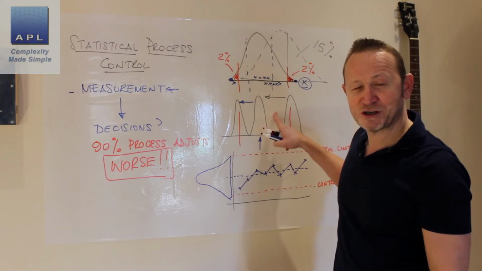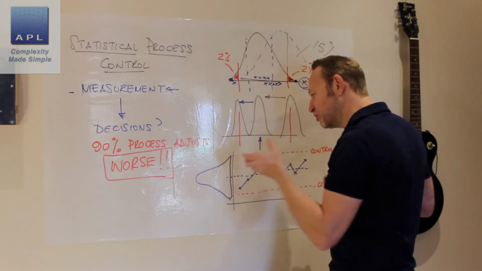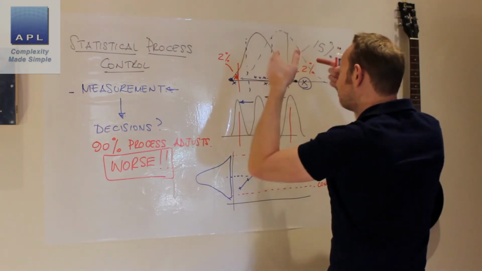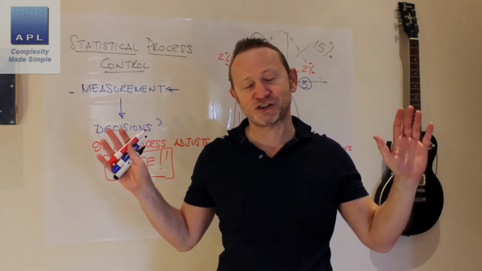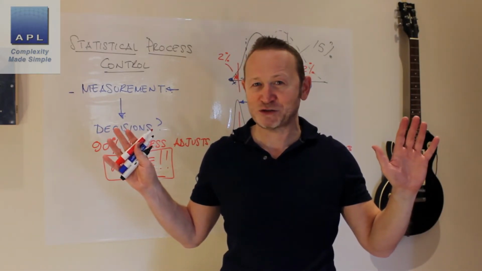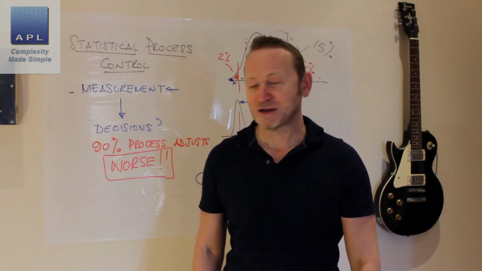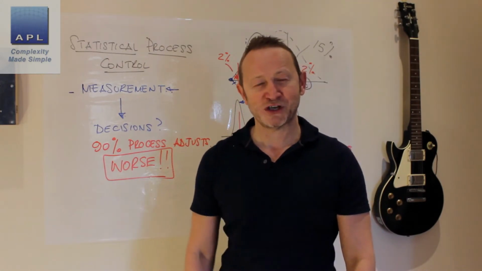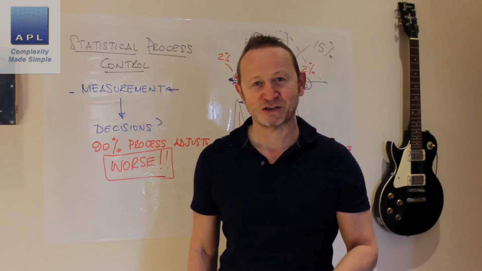if the process breaks the rules, then you can think about adjustment. But if the process doesn't break the rules and it just sits doing its natural thing, just producing that picture, guess what you're going to do? You're going to sit back, you're going to keep your hands off the machine, you're going to drink tea and read the paper, because otherwise 90% of the time you're making the bloody thing worse. Get your hands off.